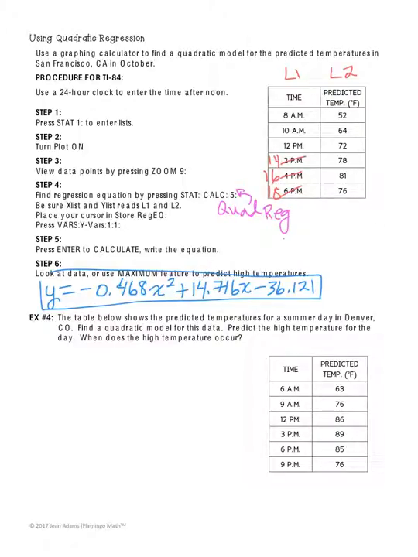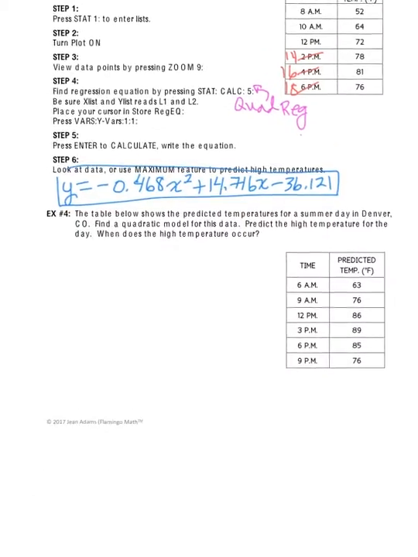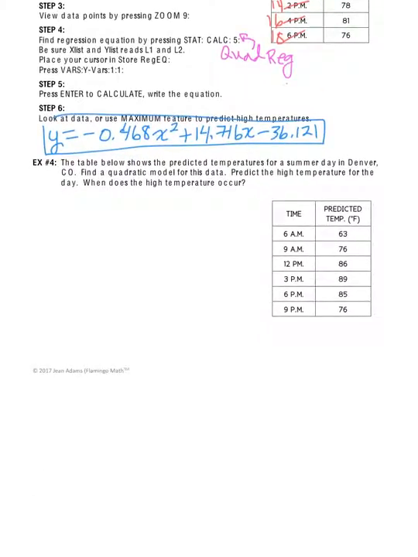If it doesn't, then you did something wrong, or you didn't go out to enough decimal places. Another great check is to see whether this line actually goes through those points. You have to make sure that your window is correct and that your stats plots is on, otherwise it won't graph.